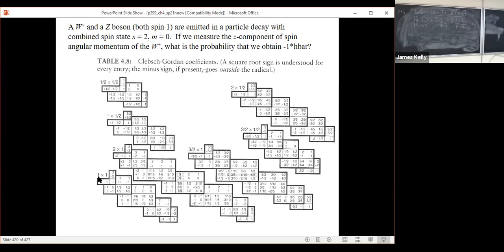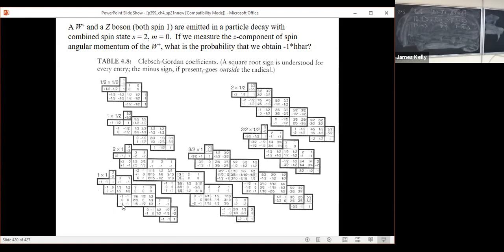I could just say, let's call the first one the W and the second one Z. You'll see the answers are the same if you reverse that assumption. So if the leftmost position in these combined states corresponds to the W, and we want the W's Z component of spin angular momentum to be minus h bar, that's a -1 in the first position.